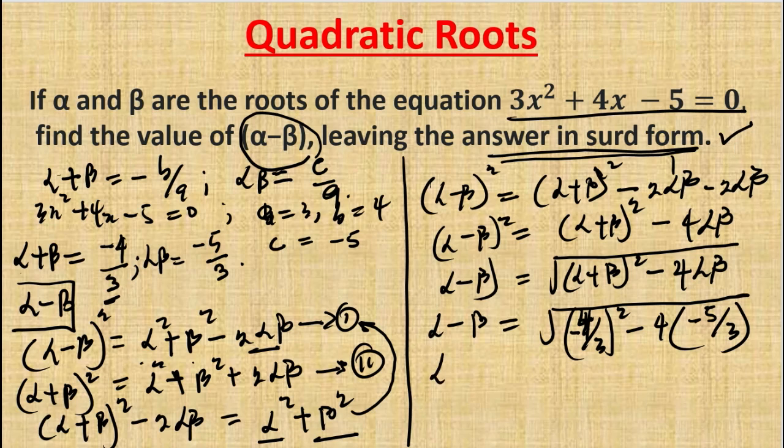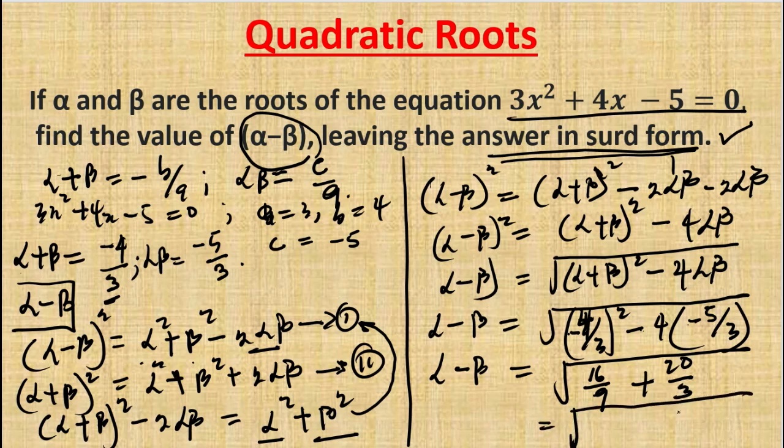Now, so that alpha minus beta will be the same thing as the square root of, minus times minus becomes plus, 4 over 3 all squared is 16 over 9, minus, open this, minus times minus again becomes plus, this will be 20 over 3. So this will be the same thing as the square root of, but I'll be taking an LCM now, which will be 9.